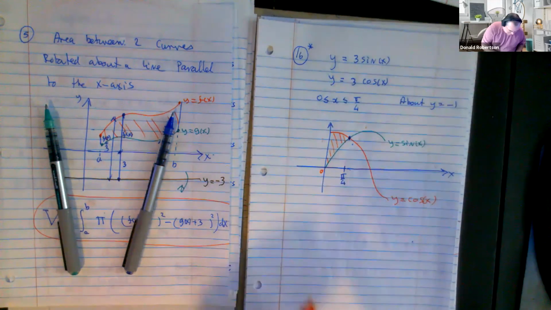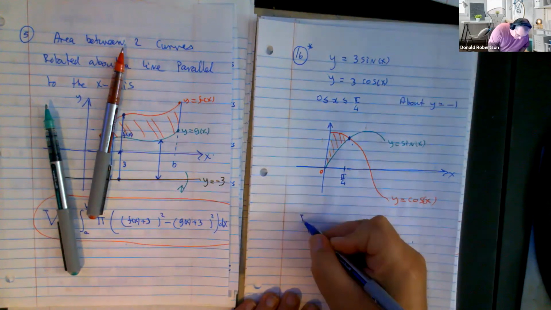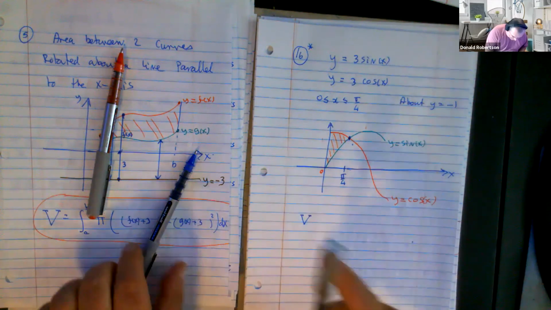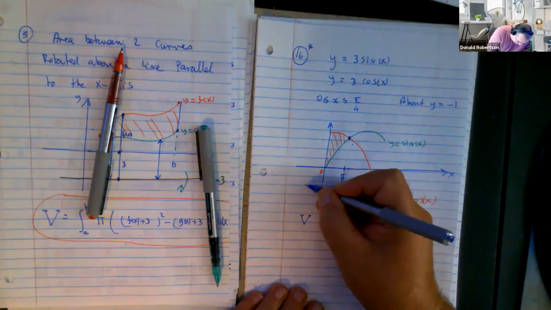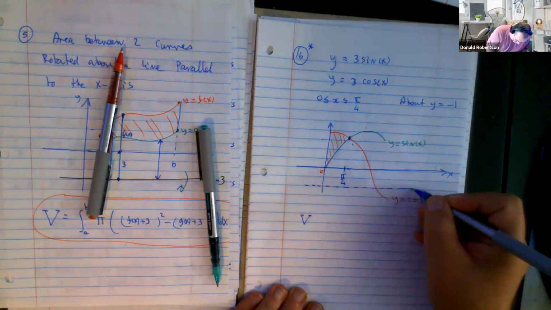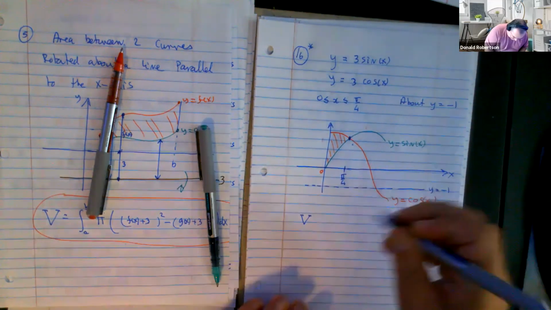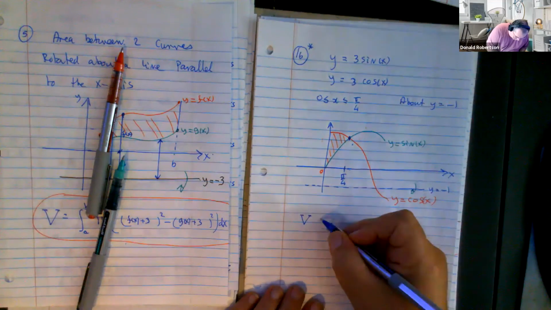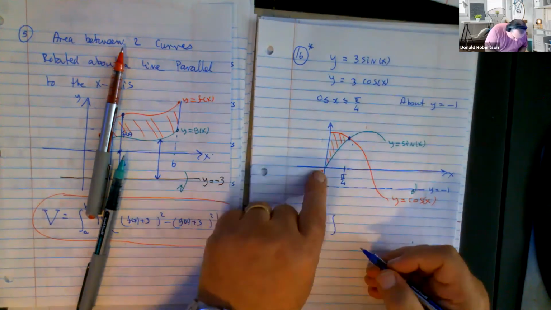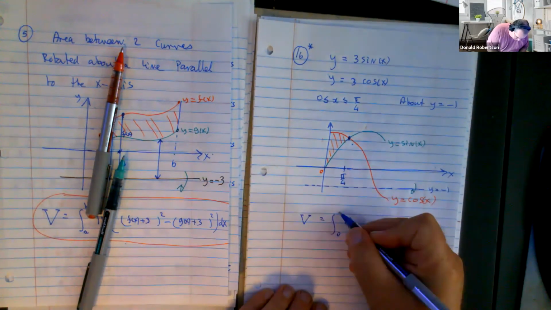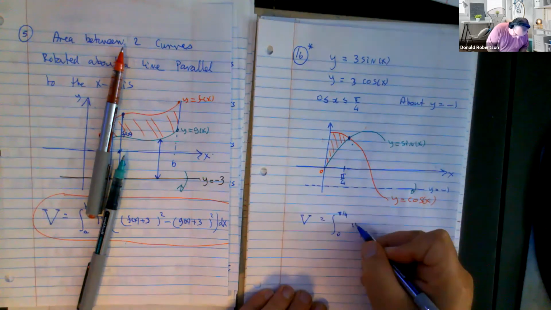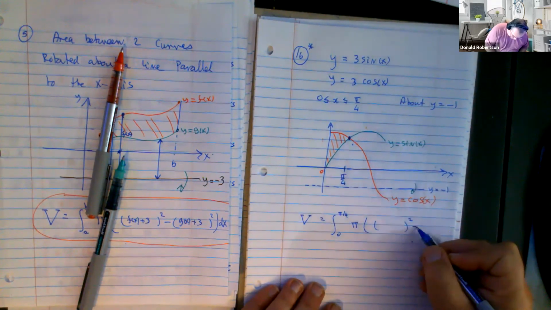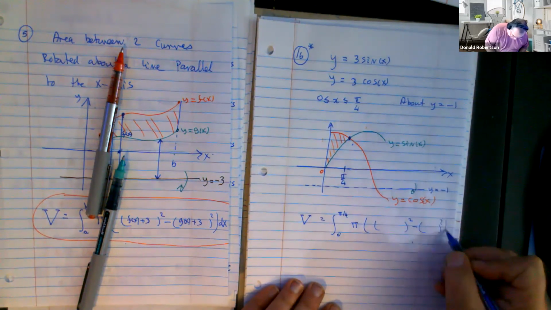Okay. Then the volume that you would get if you rotate it. Oh, I forgot to put in about the line y equals -1. Right. Well, it's going to be the integral from 0 to pi upon 4 of pi, somebody squared, take away somebody else squared, dx.